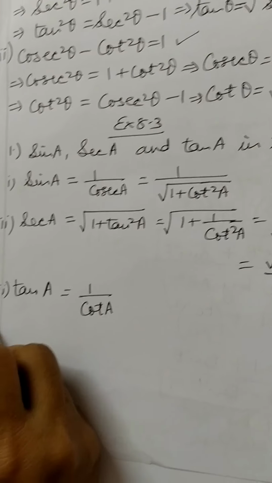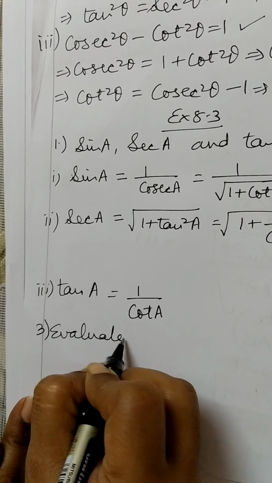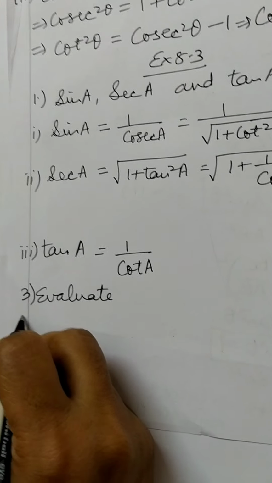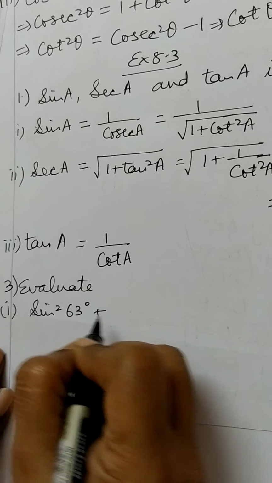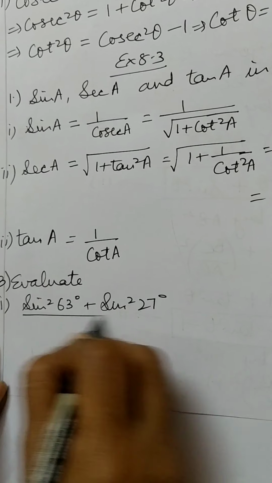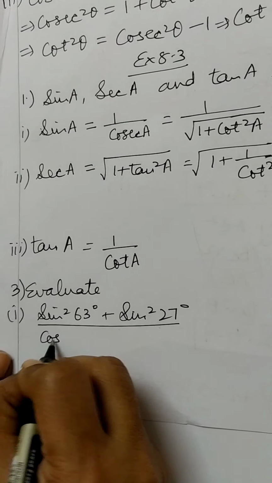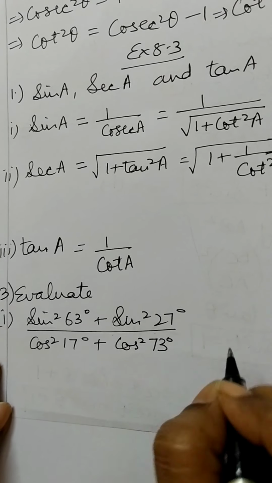Question 3 I am doing next. In this question, you have to evaluate the first part: sine square 63 plus sine square 27 degree upon cos square 17 degree plus cos square 73 degree.